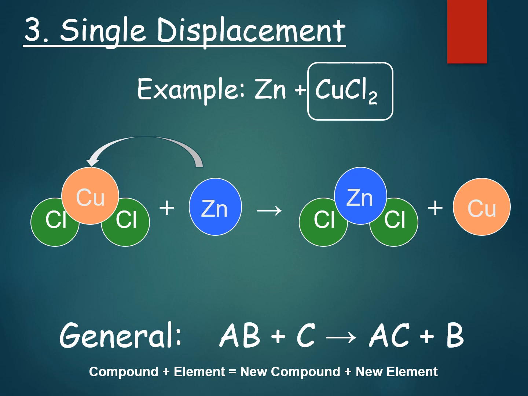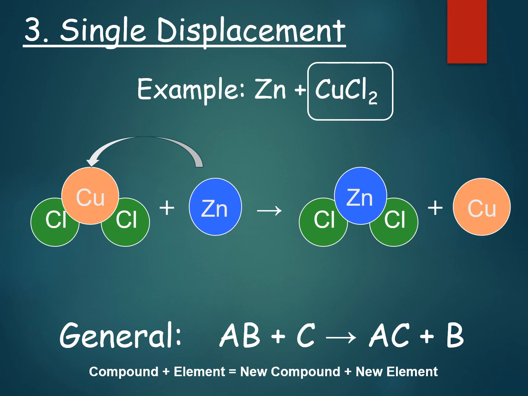So since zinc is a metal, it's going to displace and then replace the copper in that compound between copper and chloride. When it displaces it, that metal ion then goes back to its elemental form.